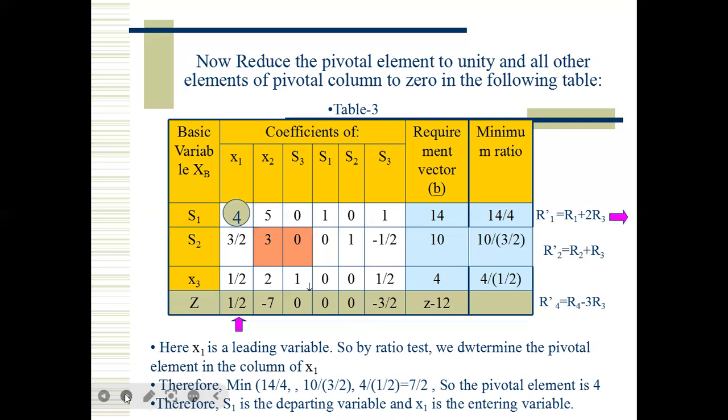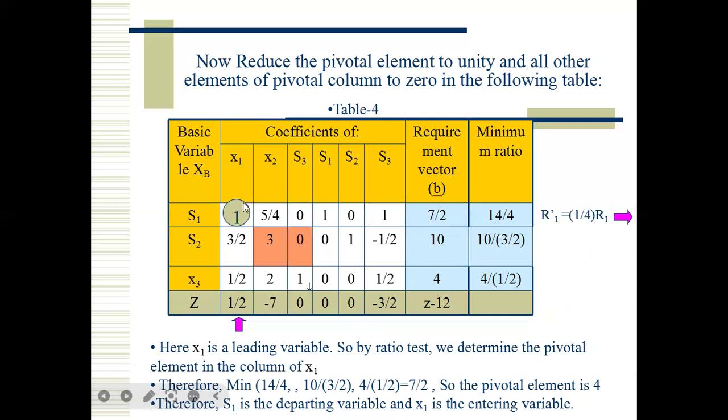Similar process, we get table 4, just making unity by dividing the first row by 4, we get the unit element, and make other elements 0. That means reduce the pivotal element to unity and all other elements of the pivotal column to 0 in the following table.